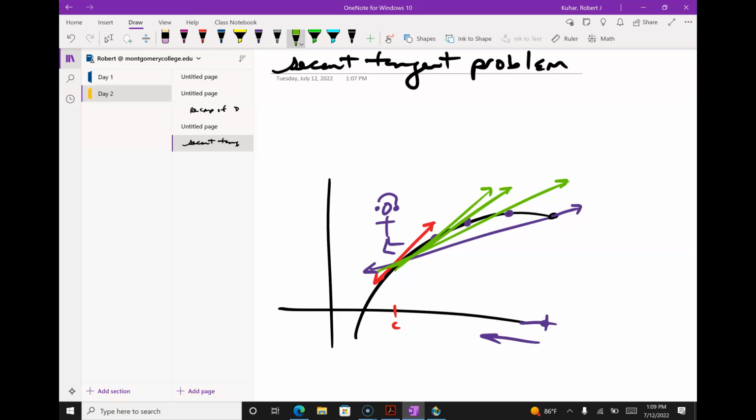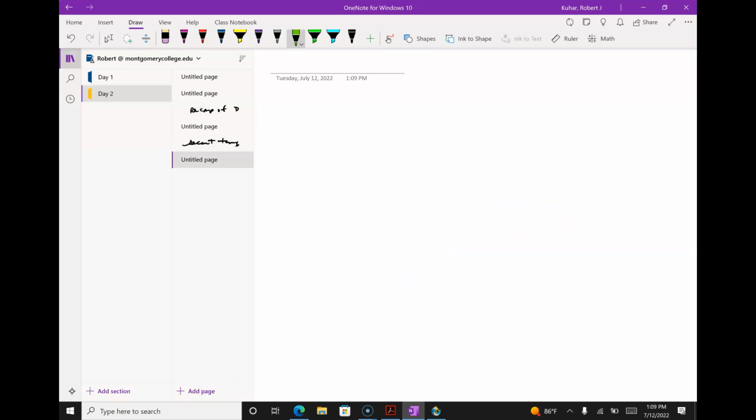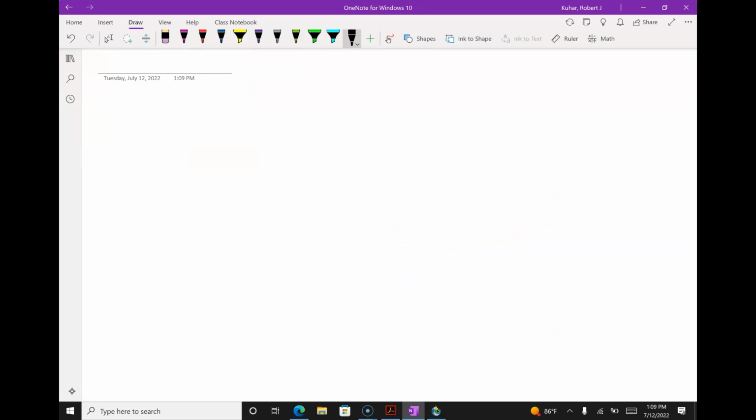Do you remember what we called it in pre-cal? It sounded like a Dairy Queen, DQ. Remember what we called the secant slope in pre-cal? DQ, remember that? It's the difference quotient.